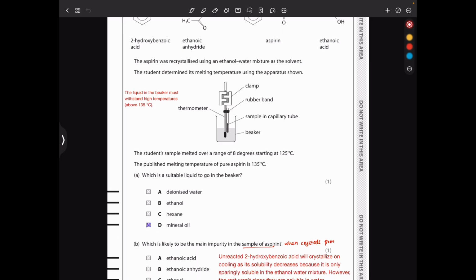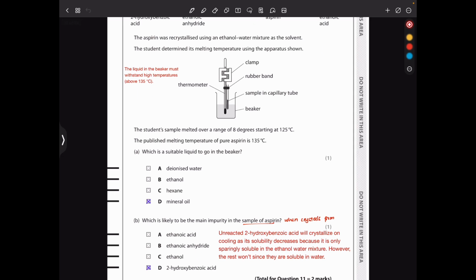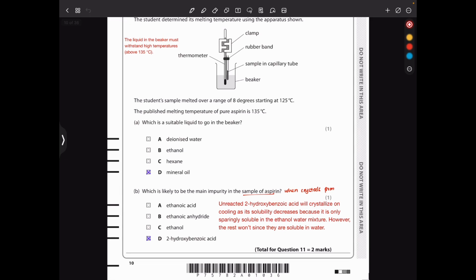Then they say the student's sample melted over a range of 8 degrees starting at 125 degrees Celsius. The published melting temperature of pure aspirin is 135. Which is a suitable liquid to go in the beaker? The liquid in the beaker should have a higher boiling point than the melting point of the solid, so it should be mineral oil.